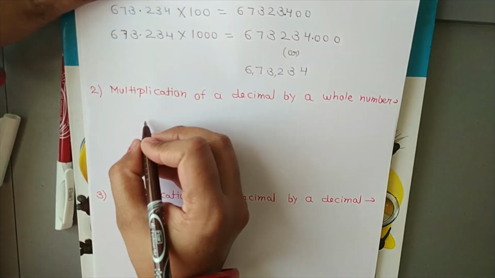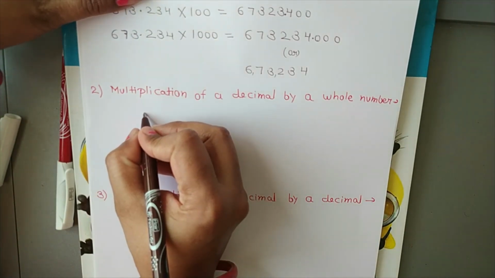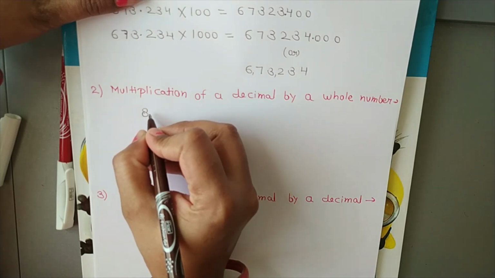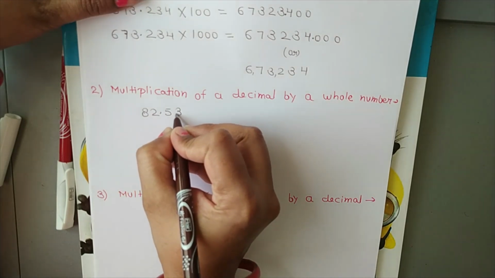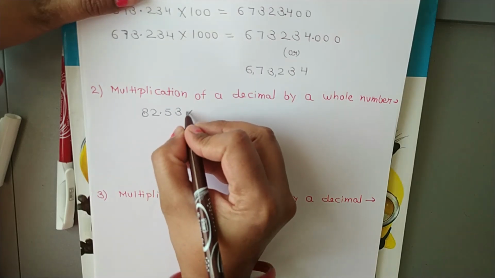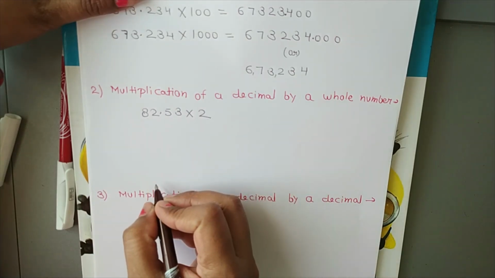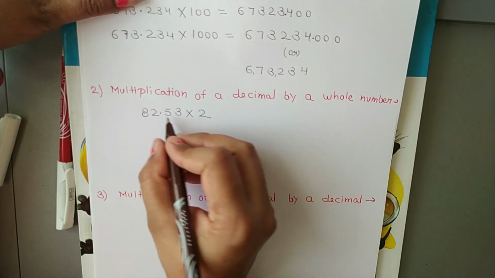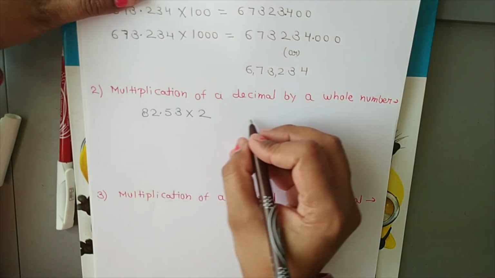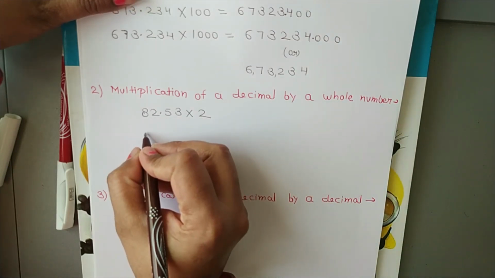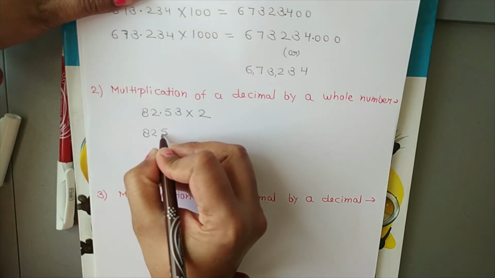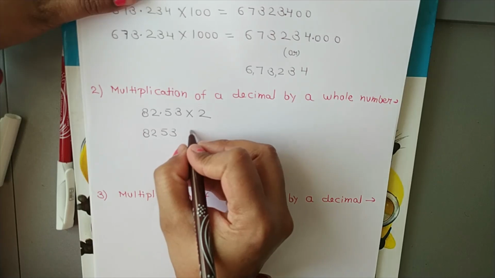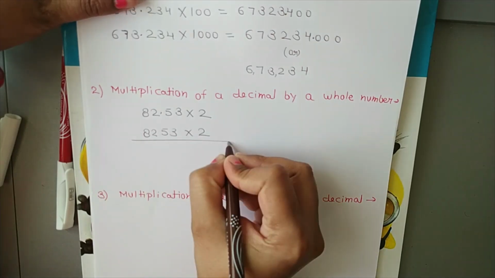So the same procedure. Suppose the example is 82.53 multiplied by 2. So you just ignore the decimal. When I am ignoring the decimal, it will be 8253 multiplied by 2.